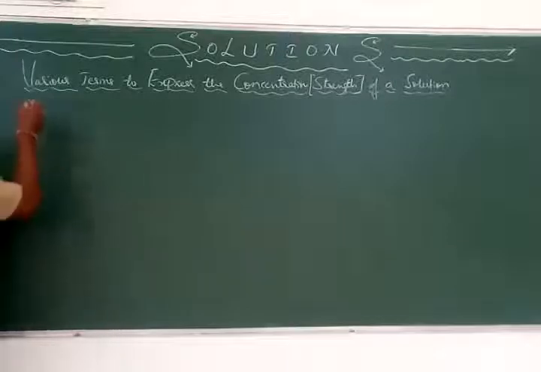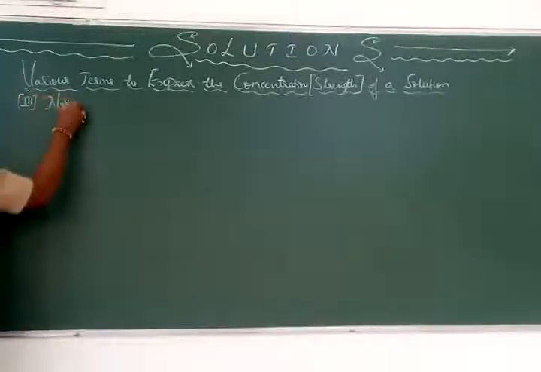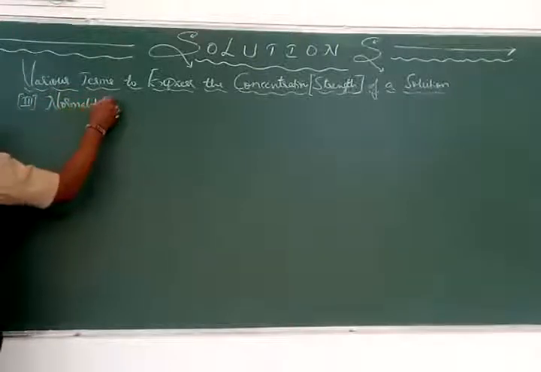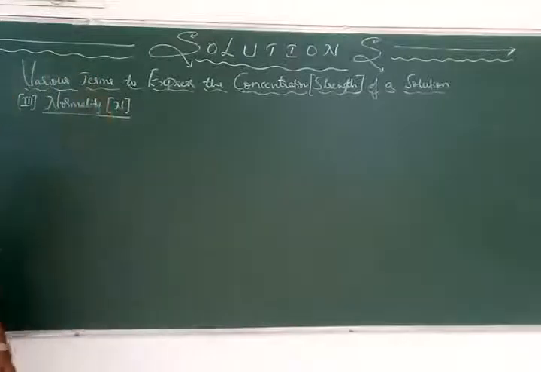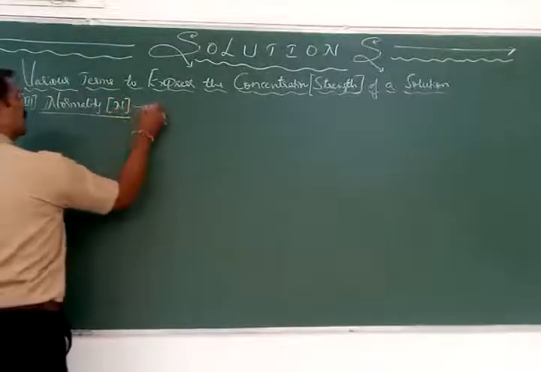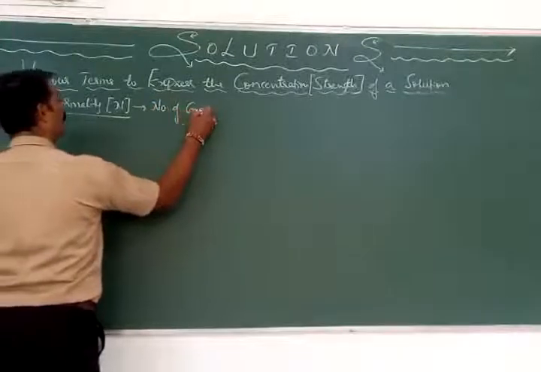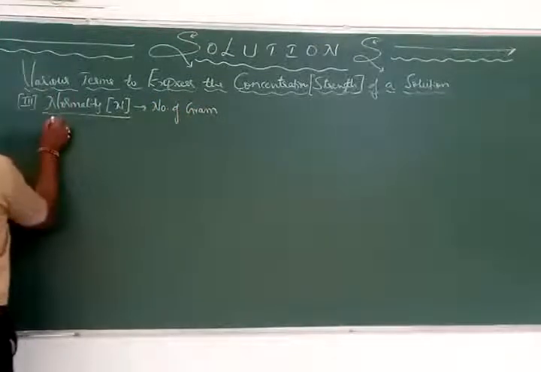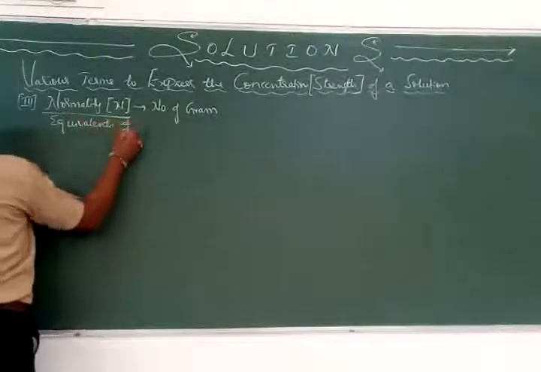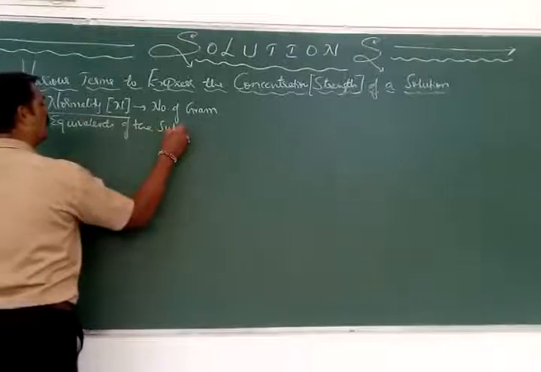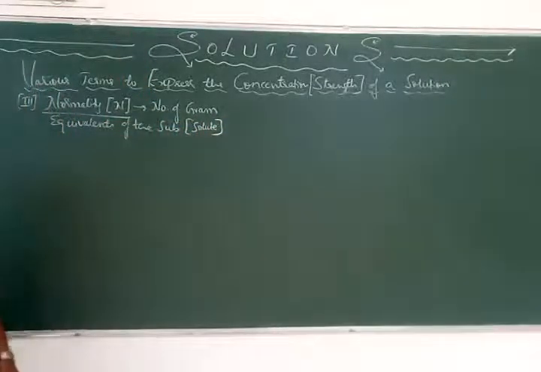Let's have the third one. It is normality, that is N. It is the number of gram equivalents of the substance, and that substance is preferably called the solute.